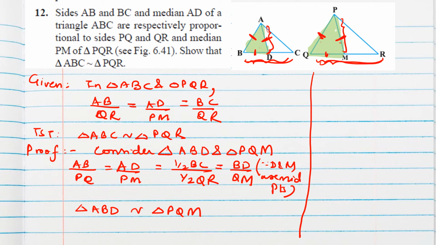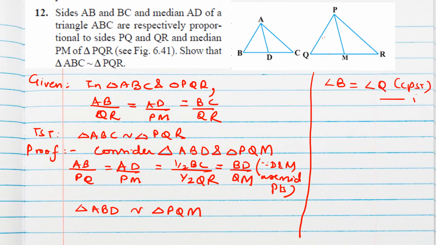So B equal to Q, angle BAD equal to angle QPM, and angles D and M also, but I'm interested in B and Q. Why? Because B and Q are parts of the bigger triangles ABC and PQR also, isn't it? So angle B and angle Q are equal by CPST, and this will be equation number 1.